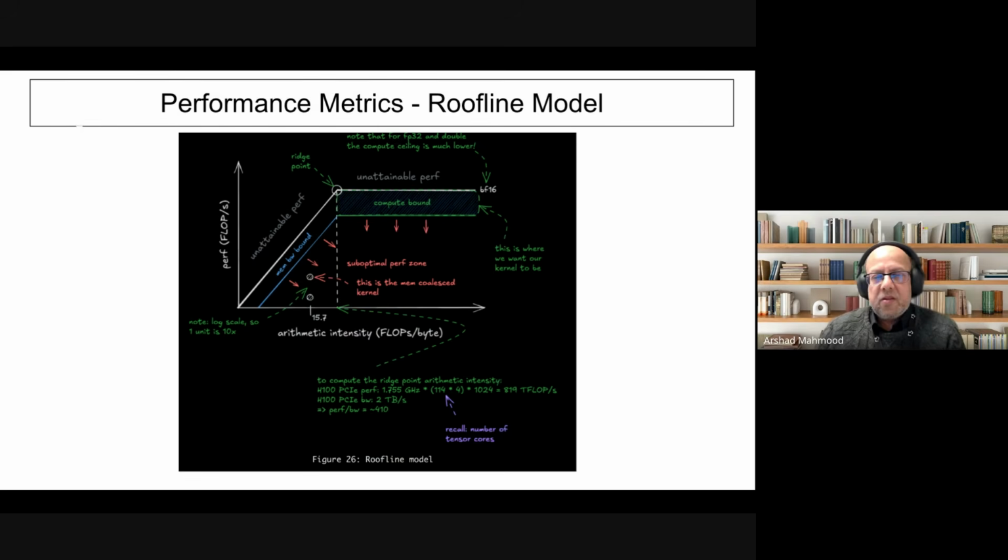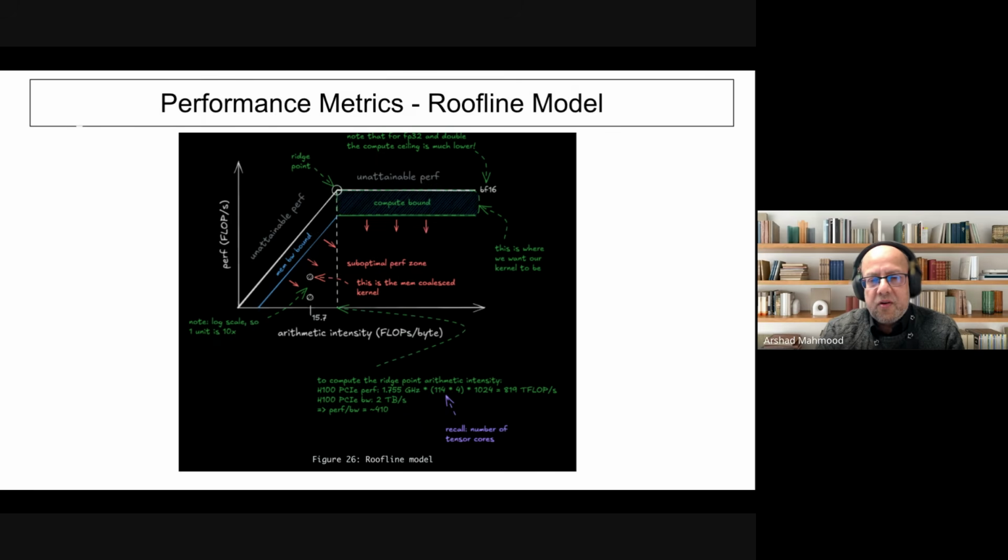The other thing you might come across is what's called a roofline model. Essentially, it's a plot for a particular GPU of peak performance per memory load. The two axes are the arithmetic intensity on the x-axis and the performance in flops per second on the y-axis.